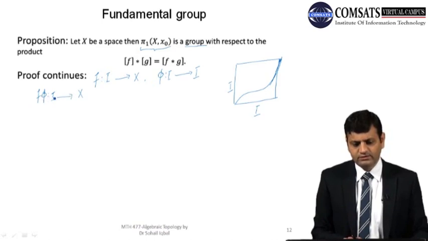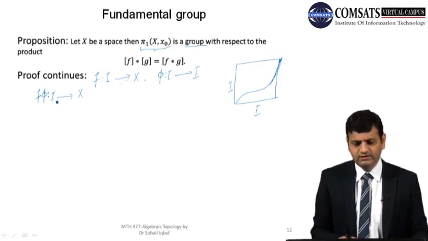So f phi is a continuous function from I to X. By definition of a path, this f phi is a path. Eventually we are taking the functional values of f, but we are just changing the images of this I.